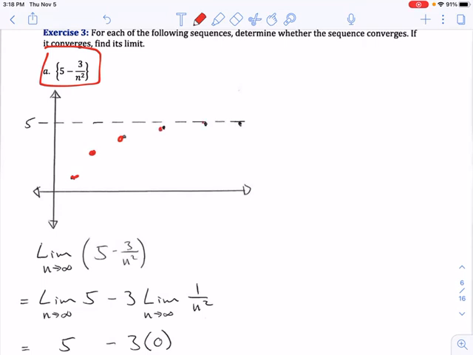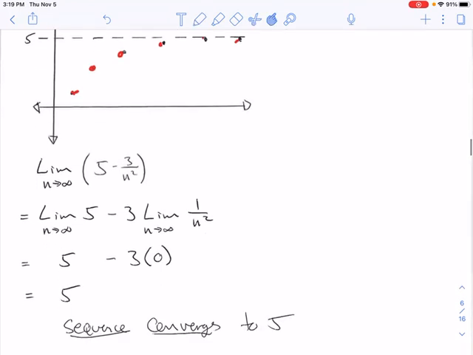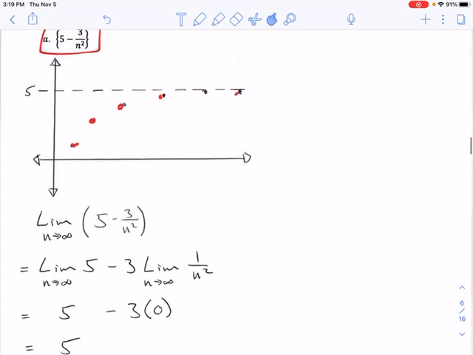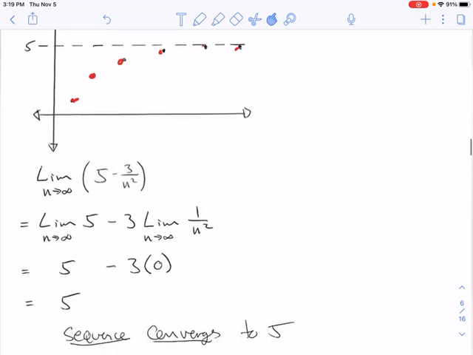And just by looking at the graph, it would appear that the sequence is approaching 5 as n gets infinitely large. But let's actually take the limit to see if we get the same answer. What we want to do in these next few problems is confirm that what we see graphically and what we do algebraically support each other.